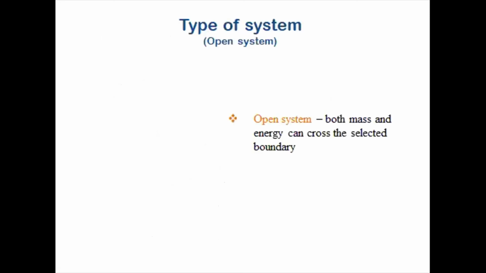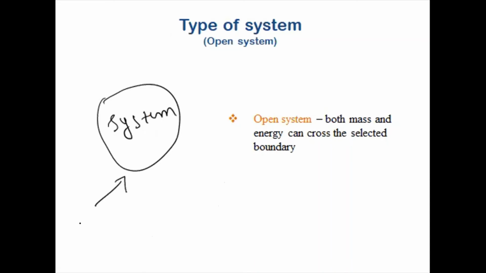Now let's talk about the open system. An open system is a system in which energy and mass transfer can take place. Both transfers can take place. So let's say we have a system. Energy in is possible here, and energy out is also possible.